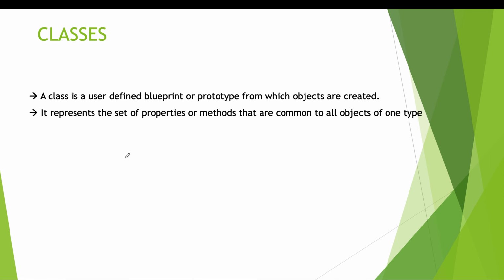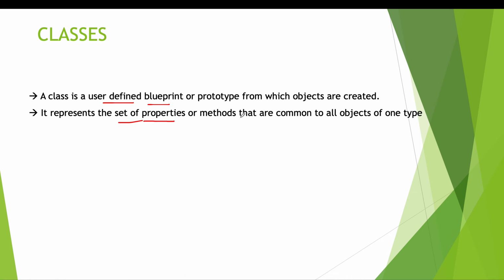Now the next thing is classes. What are classes? We know objects and classes are very much associated to each other, but what exactly are classes? So you can say a class is a user defined blueprint or prototype from which objects are created, as we have discussed earlier, and it represents the set of properties or methods that are going to be common for all the objects of one type.